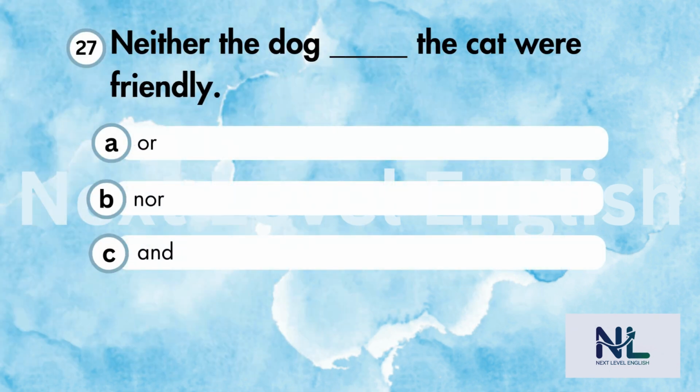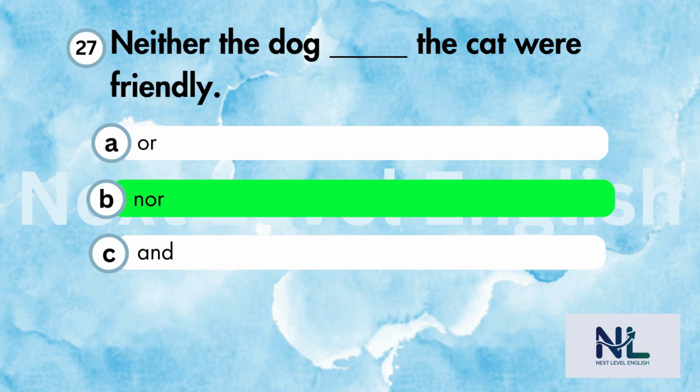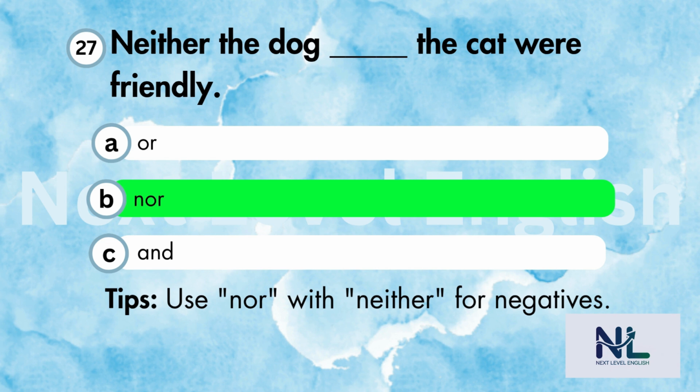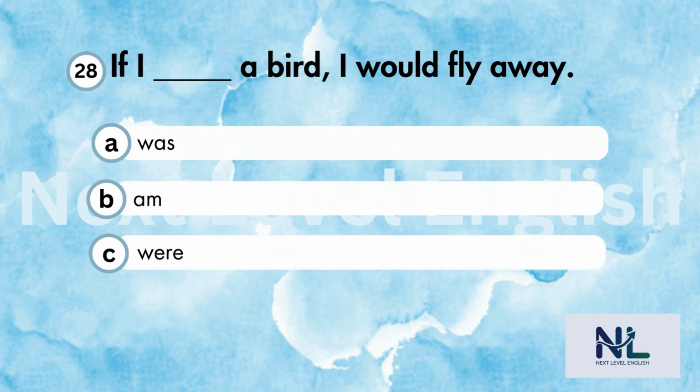27. Neither the dog the cat were friendly. Nor. Tips: use nor with neither for negatives. 28. If I a bird, I would fly away.